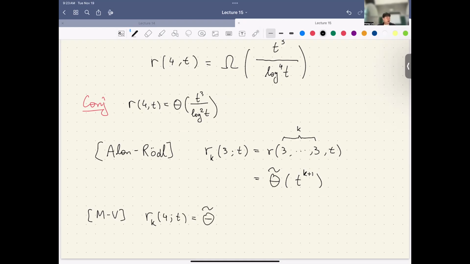is, up to the big polylog factor, their lower bound. The upper bound is by He and Wigderson.